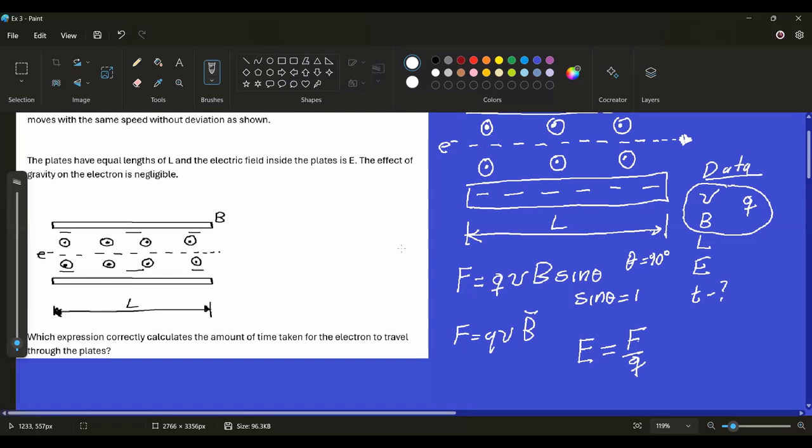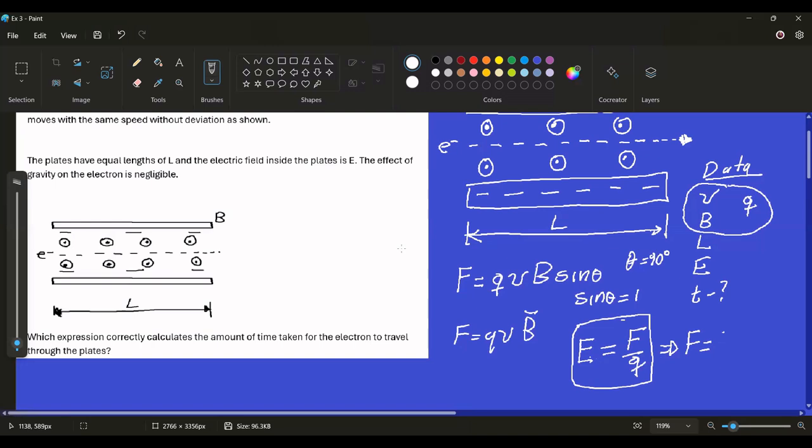E equals F over Q. Therefore, if we were to find F, what would F be equal to in this situation? Just substitute for F here.